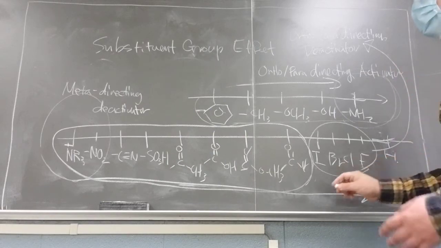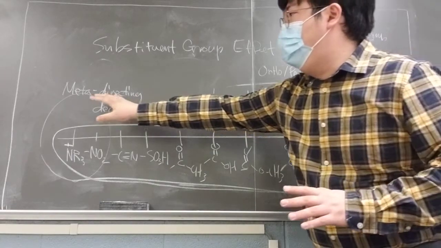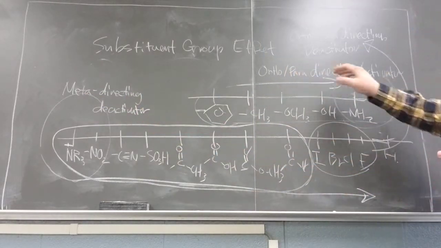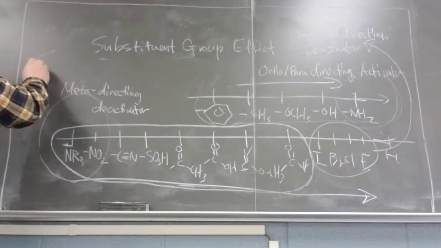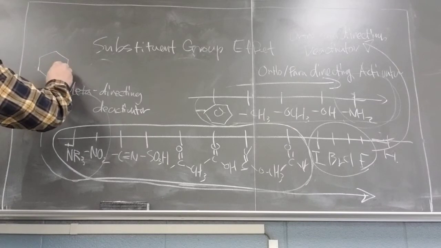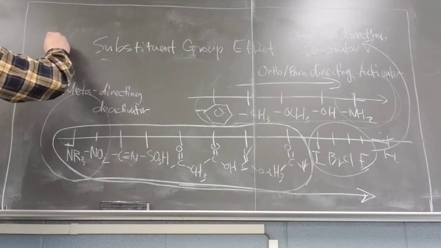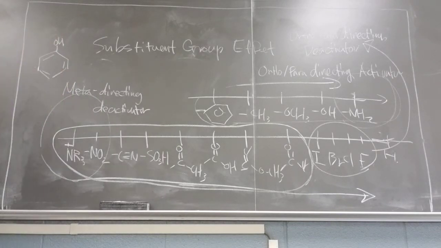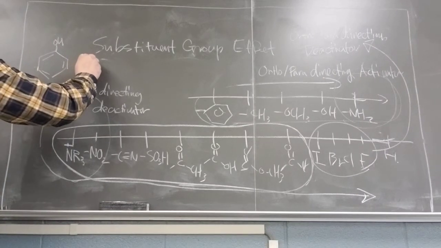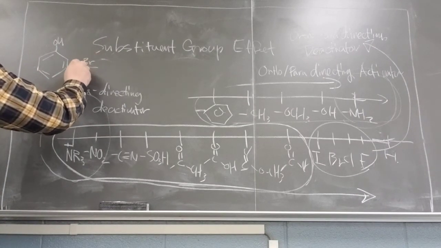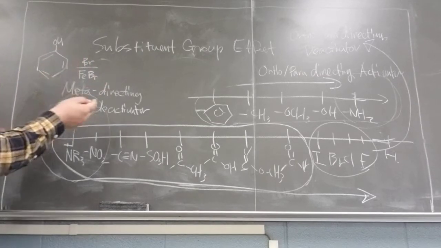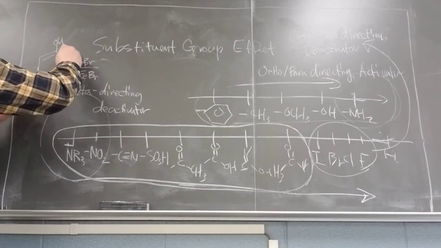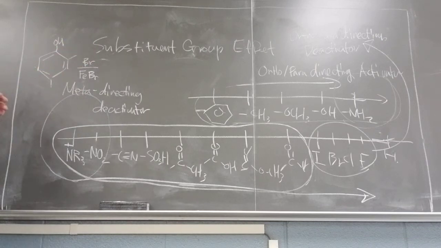What I mean by meta-directing or ortho para-directing is, for example, if you have a hydroxy group over here, you're going to have a substituent group added on either ortho or para, either way.